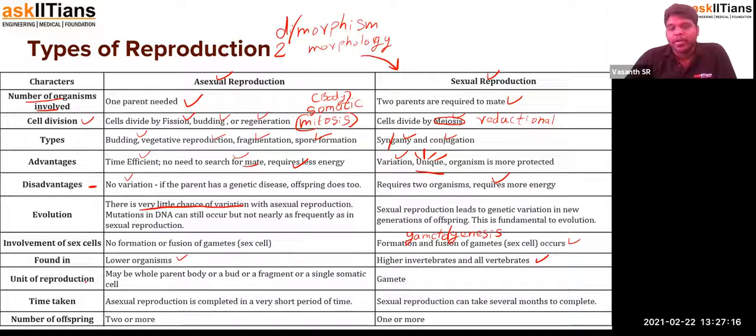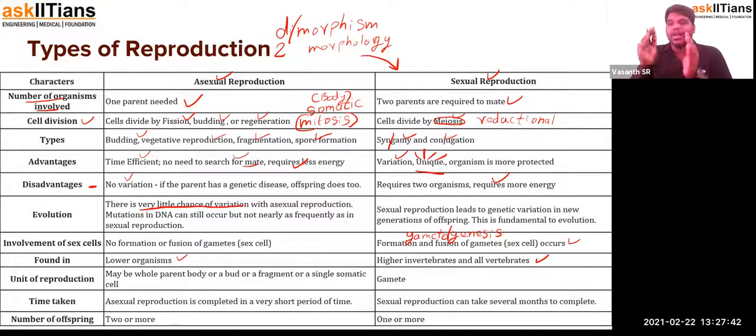Now, unit of reproduction. The unit of reproduction may be the whole parent body, a bud, a fragment, or a single somatic cell. The organism formed can be a single cell, or a part of the body of the parent themselves in asexual reproduction. But in the case of sexual reproduction, the organism formed will be from the gametes only.